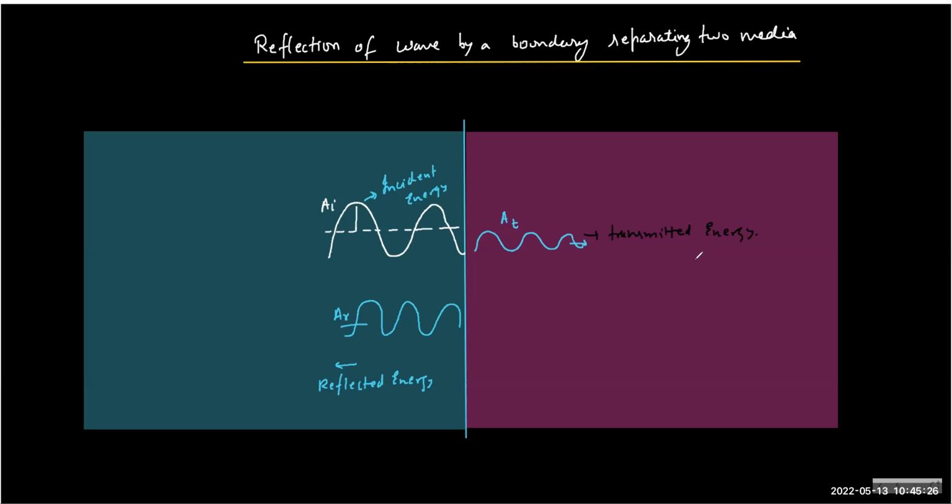So every wave will follow the equation of continuity. There are two rules that they need to follow. At the boundary, if we think of a particle, any particle at the boundary will be oscillated on the right side by the transmitted wave, but on the left side by, who will oscillate on the left side?